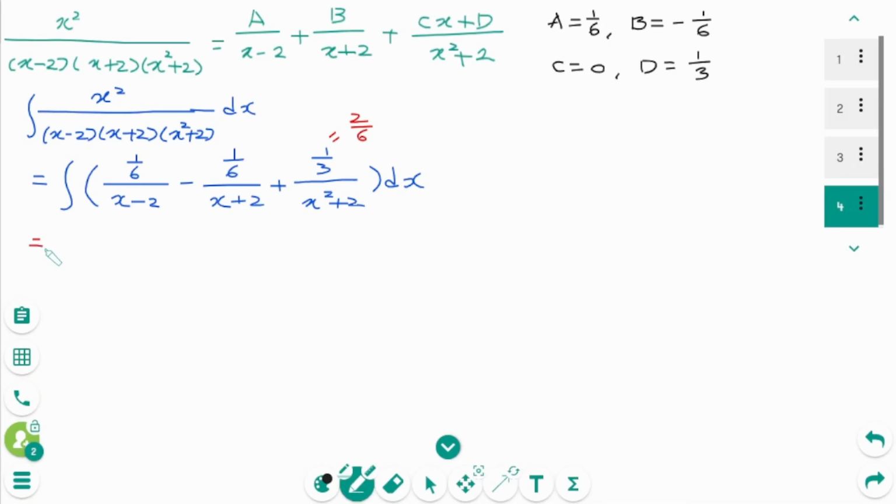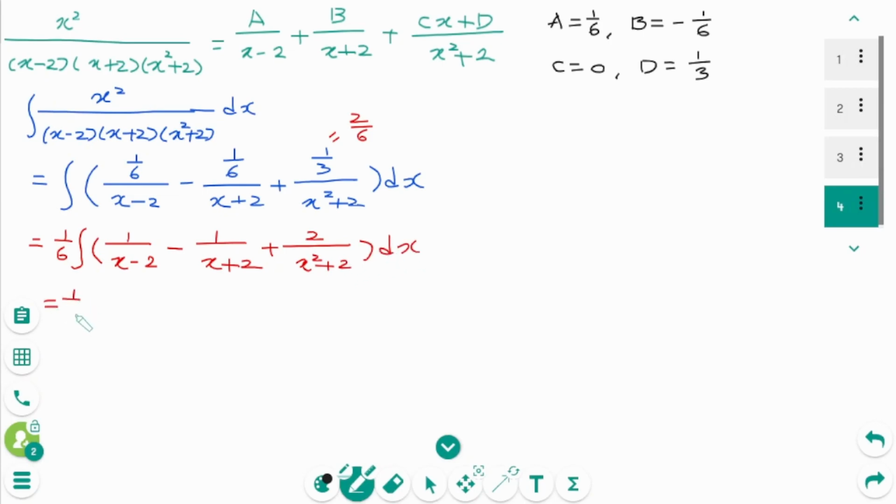Then we can rewrite as, take out 1 over 6, the integral of 1 over x minus 2 minus 1 over x plus 2 plus 2 over x squared plus 2 dx.